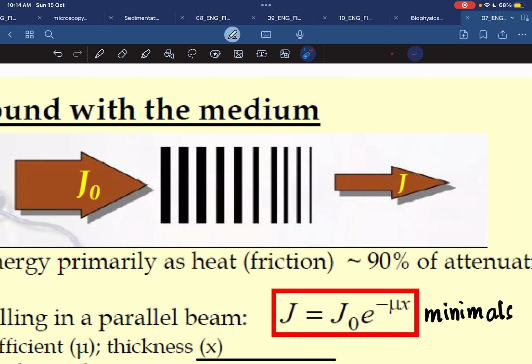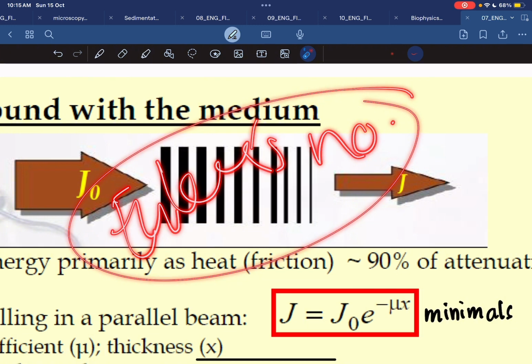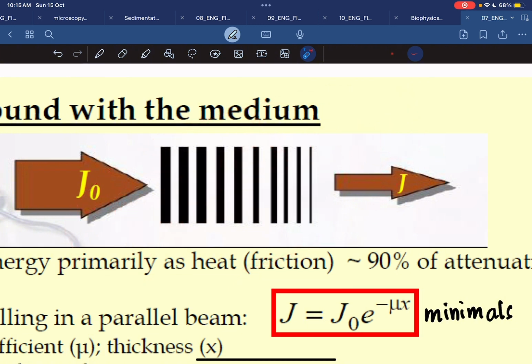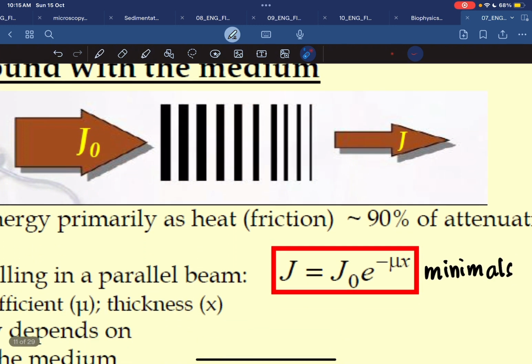Now E, what is E? E is something called Euler's number. It has something to do with calculus.